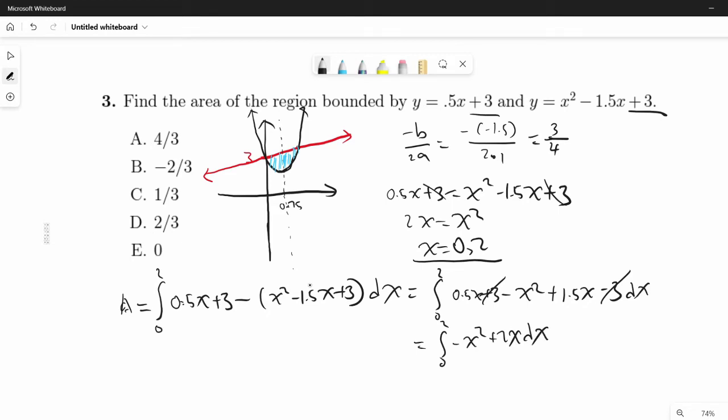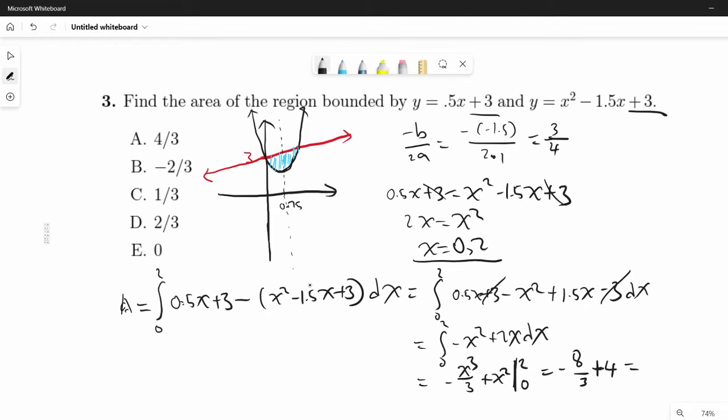So that will equal negative x to the third over 3 plus x squared, from 0 to 2. Now just plug in 0 and 2. We have negative 8 over 3 plus 4, minus 0 plus 0.